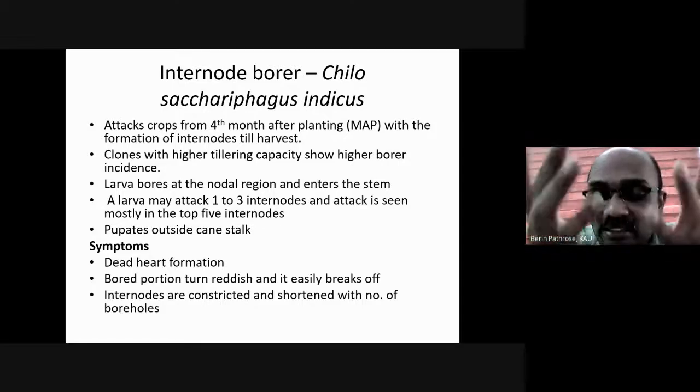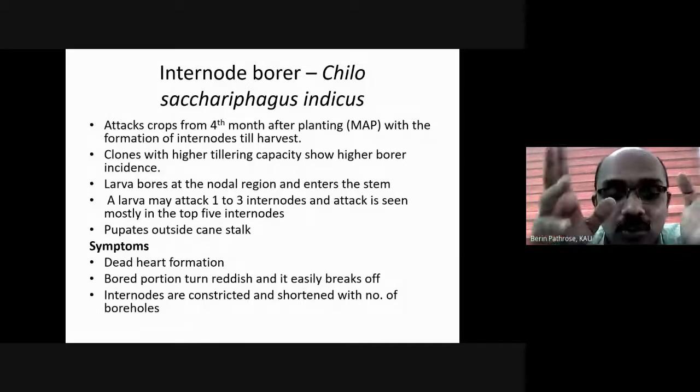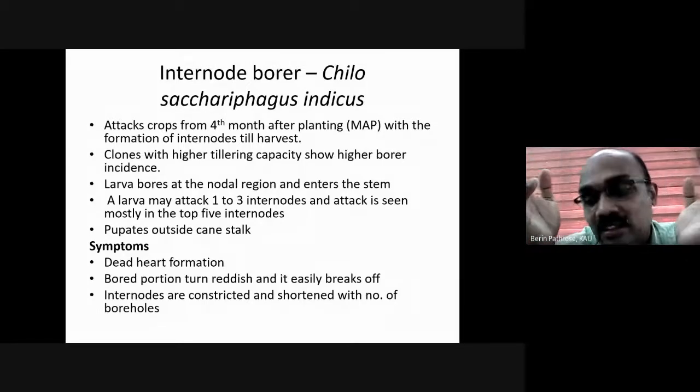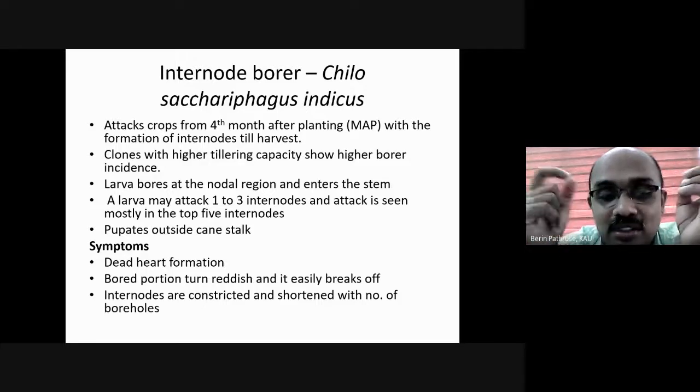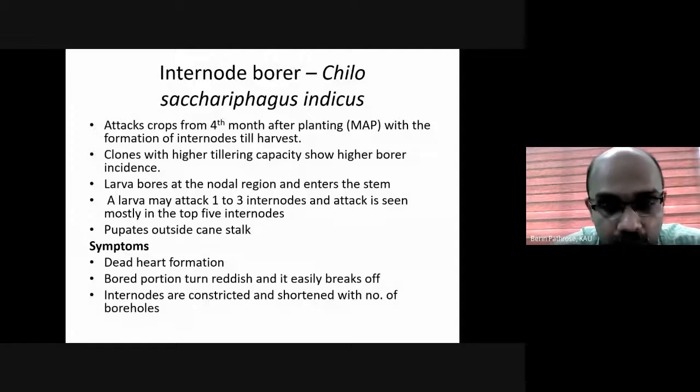And if you see the inside portion of the cane, the bored portion will be reddish in color. Usually in sugarcane, if any damage occurs to the cane, the inside portion will turn reddish. So because of the feeding injury, the damaged portion turned reddish.